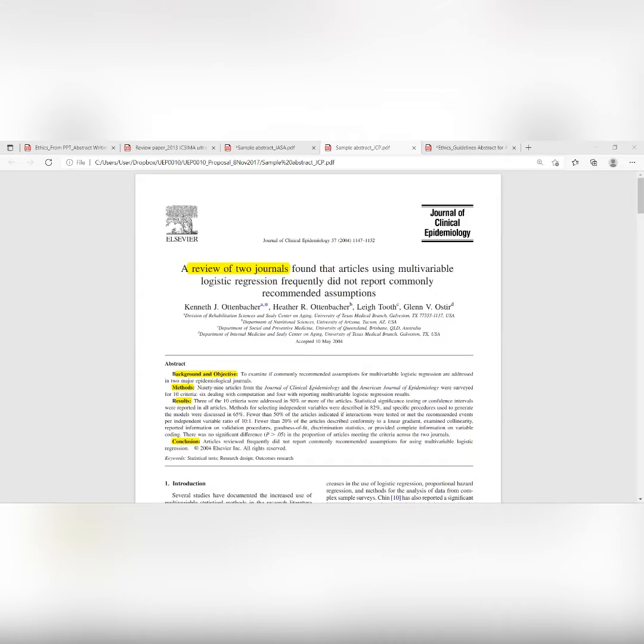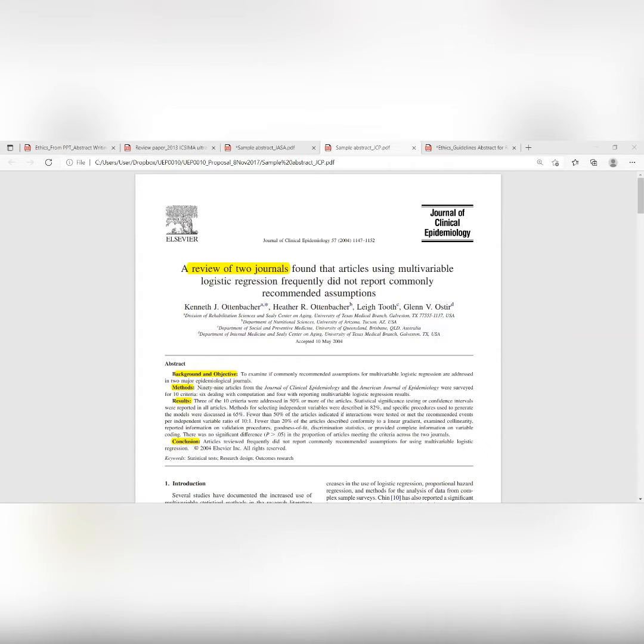For the second example, here is the abstract from the Journal of Clinical Epidemiology. It is written by Orton, Becher, Heather, Kenneth, Tosh, and Austin.